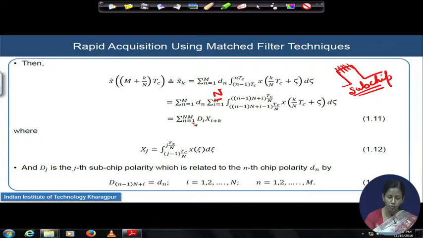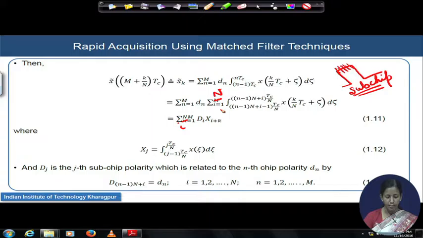So, your I is moving from 1 to capital N into capital M, and your di into x I plus k is the final expression you end up with.